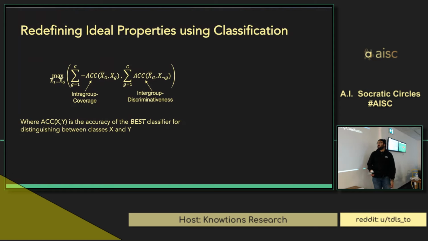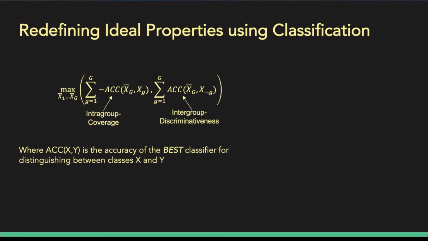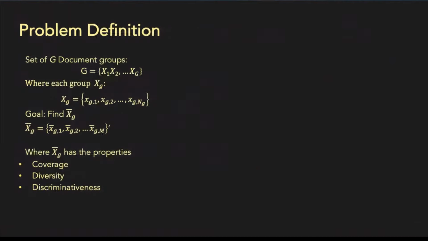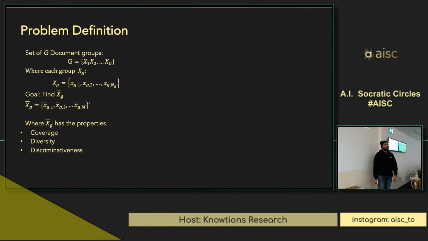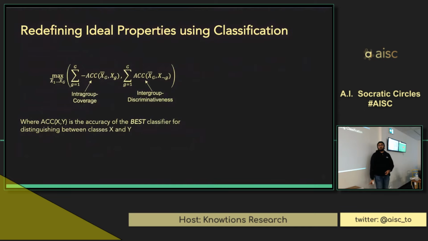Over the different groups, we want to find the accuracy for each group. So this group XG capital would be the one particular group, but where we really want to talk about these individual groups within a subset of documents.